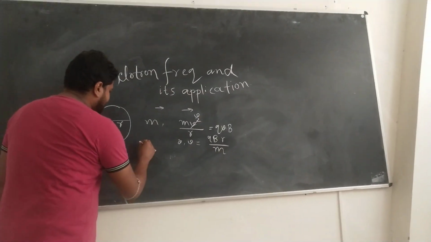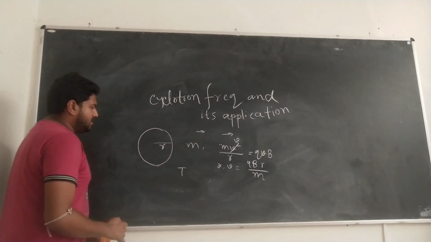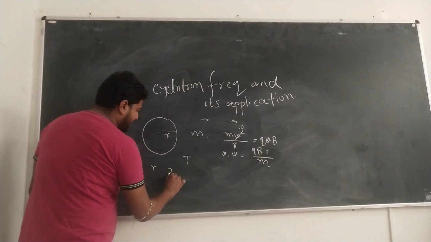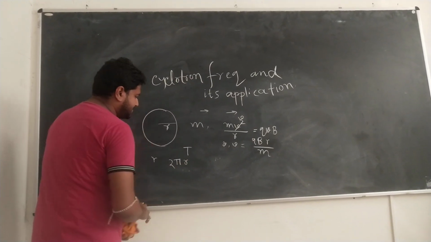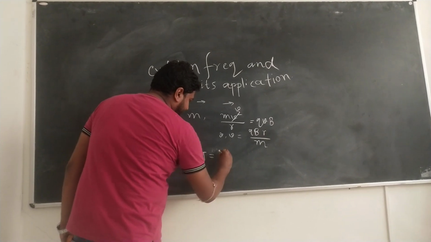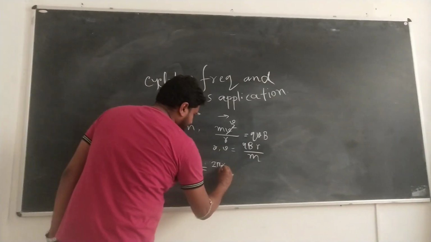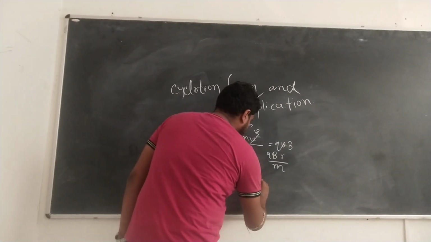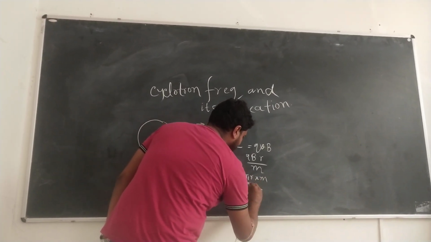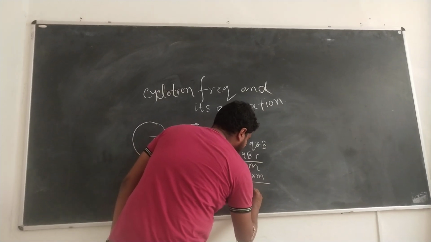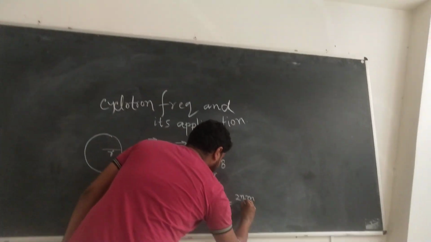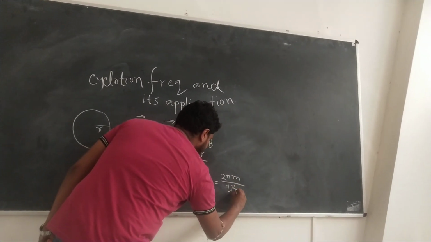Now if capital T is the time period, we know that r is the radius of the circular path, so 2 pi r will be the distance covered by the charged particle. So the time period T equals 2 pi r by v, equals 2 pi r into m by QBr, equals 2 pi m by QB.